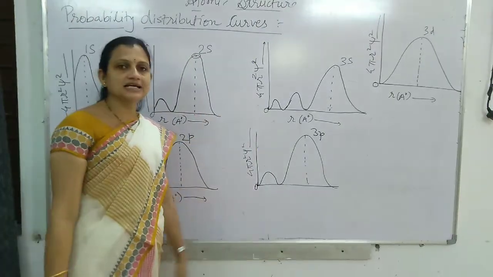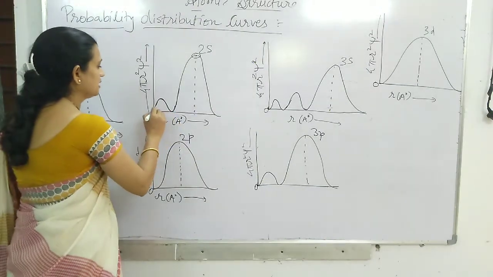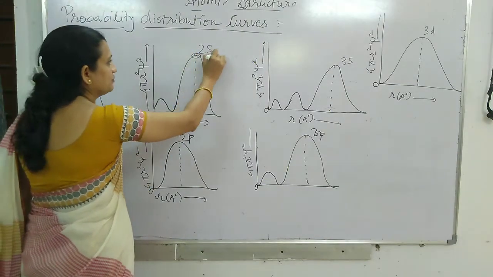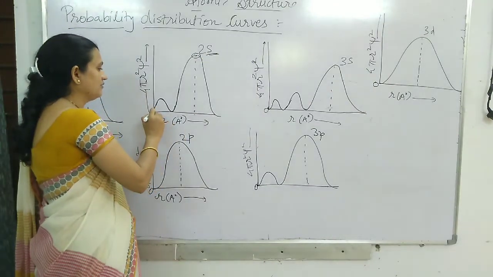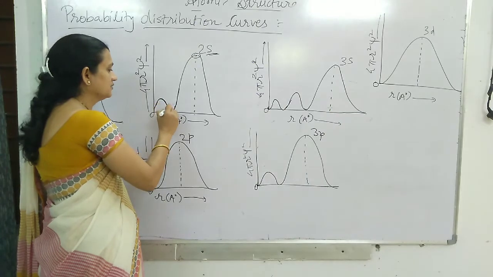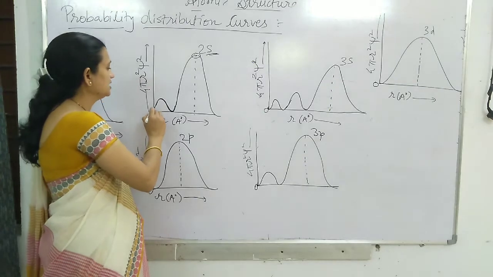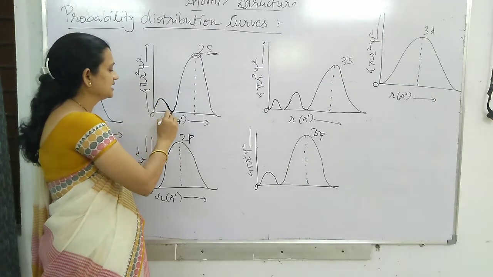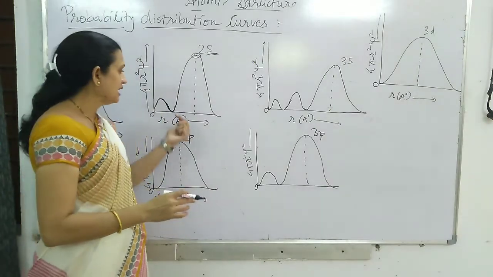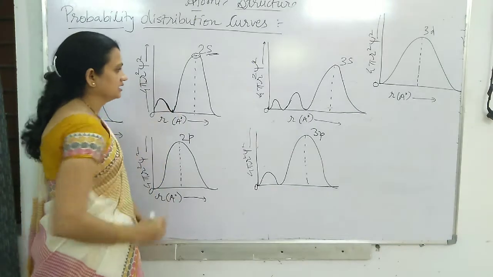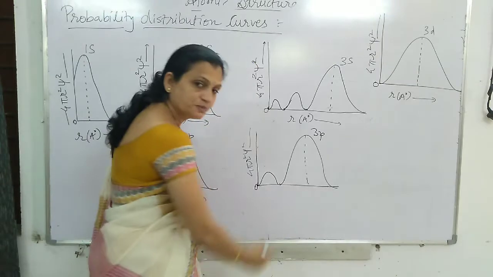Now, taking the example of the 2s orbital, the curve starts from the origin, increases, and again decreases, and at one point the curve falls to the axis again.